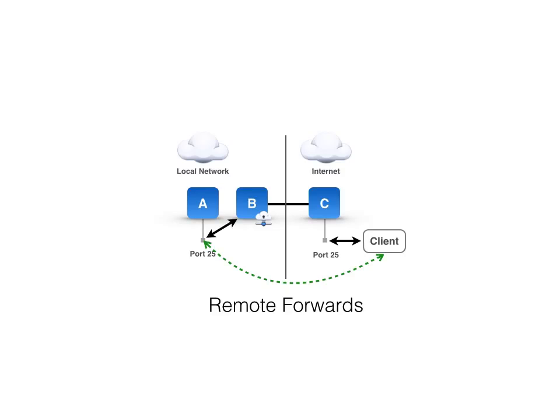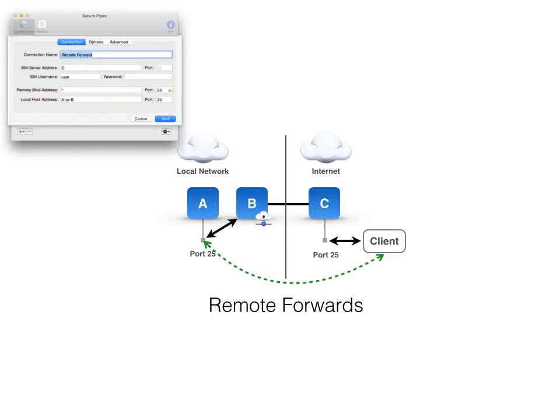Okay, so now that we understand the problem, how do we set this up in Secure Pipes? We add a new remote forward connection, which is easy to add. You specify a name for the connection, and then the first thing you do is specify the SSH server that you're going to use. In this case, it's just the one, C. You give a username, you can change the port it runs on, give it a password, and then you specify where it is going to forward to.